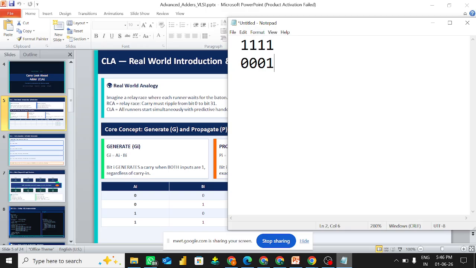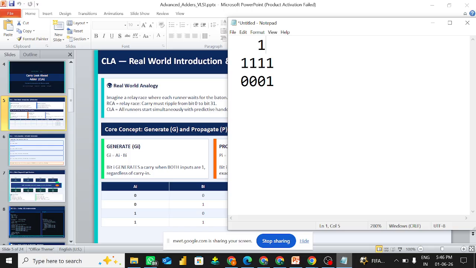So what this is saying: both inputs A0 and B0 are 1. So what will happen here? Your generate signal is going to get 1. If your generate signal is 1, it's going to say that I have created a carry.